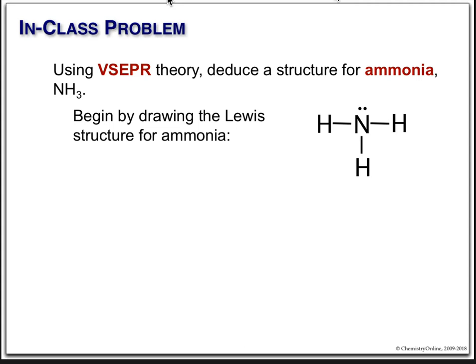Next thing we do to figure out the geometry is we're going to count how many electrons there are around this little nitrogen in the middle. Well, we have this pair, this one, and these guys. That's 4 of them, isn't it? How do we arrange 4 so they're as far apart as possible? As a tetrahedron.